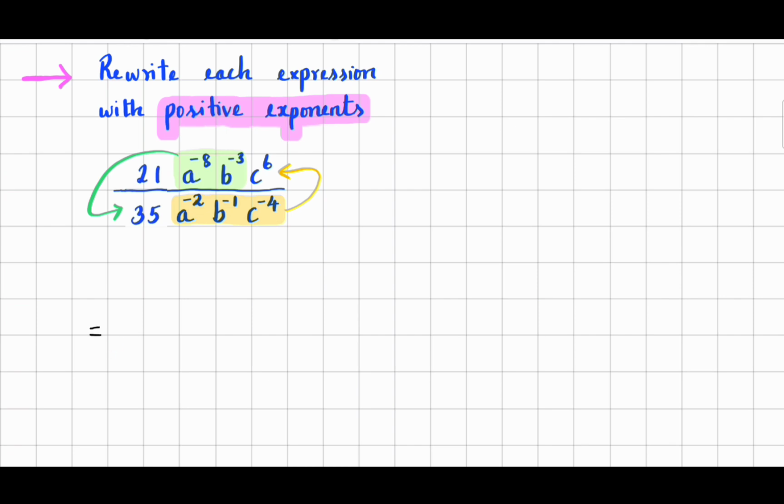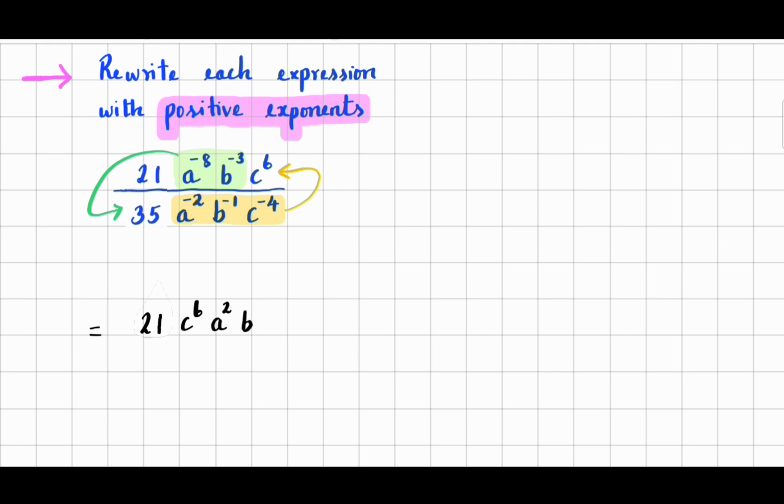Consequently, we get, in the numerator, I just copy the 21 and c power 6 which I didn't use. Then if we bring this a power negative 2 to the numerator, we get a square. Then if I bring this b power negative 1 to the numerator, we have b power 1 or just b.